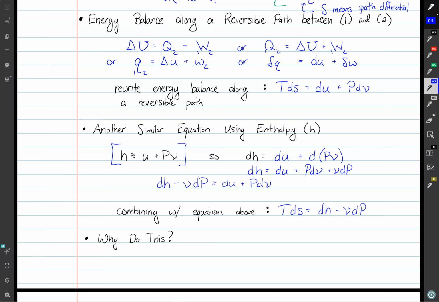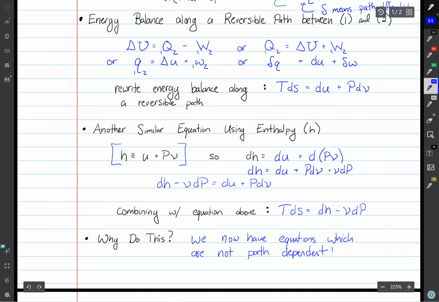And now we have two differential equations which do not depend on path, which is kind of cool.